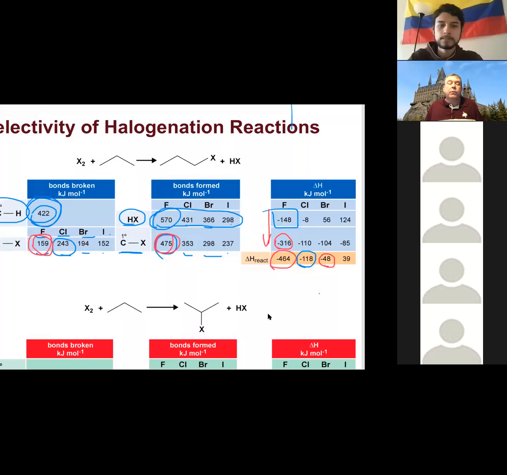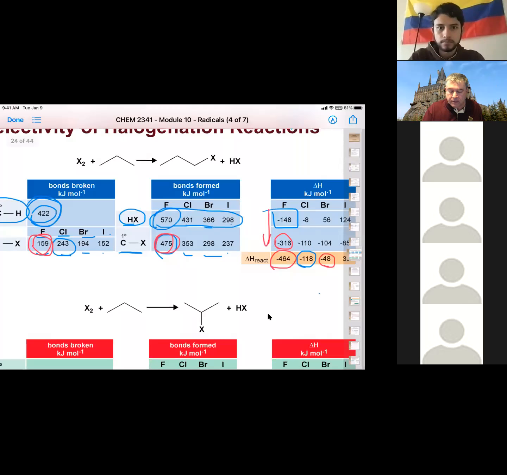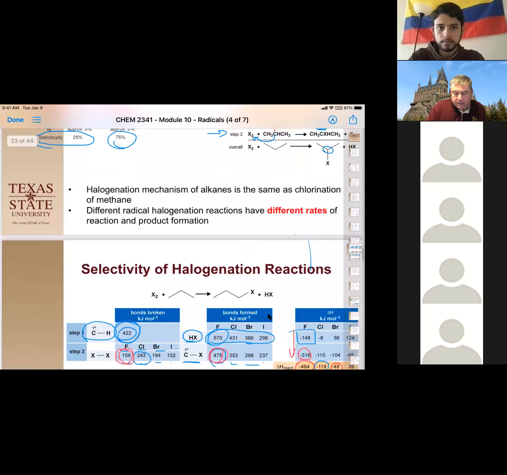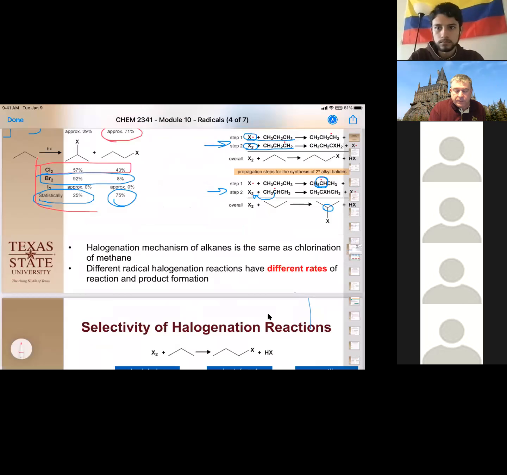There's no driving force for the iodine to make this halogen. That means the halogen radical is more stable than trying to form that carbon-iodine bond, so the reaction does not work at all. This ties together exactly with the table we saw before.